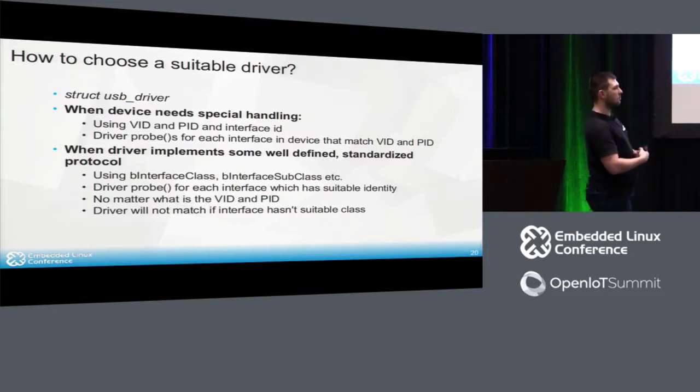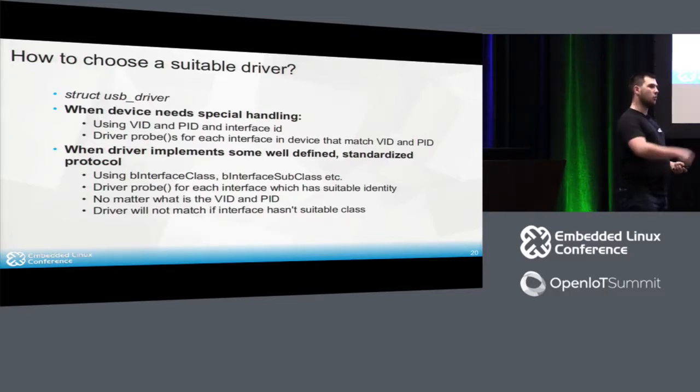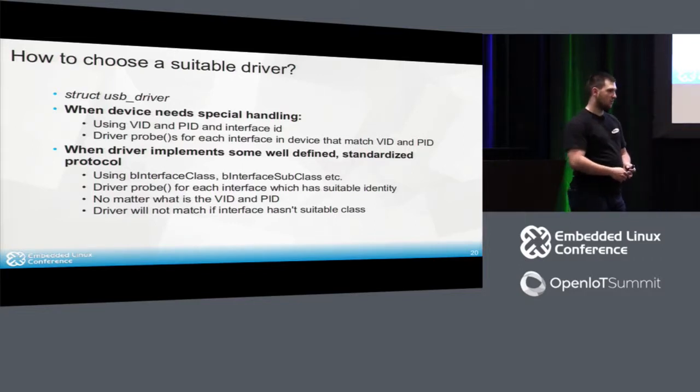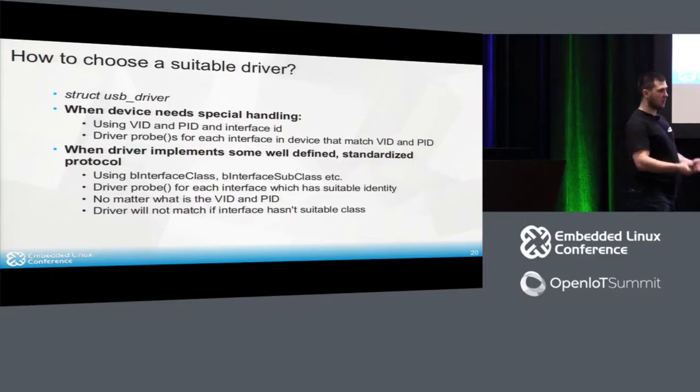This is why many pen drives from China really work, even if their vendor ID is 123 and the product ID is 345. Because they have correct class information, all those devices are sharing the same driver in the kernel. It's the USB storage driver, for example.